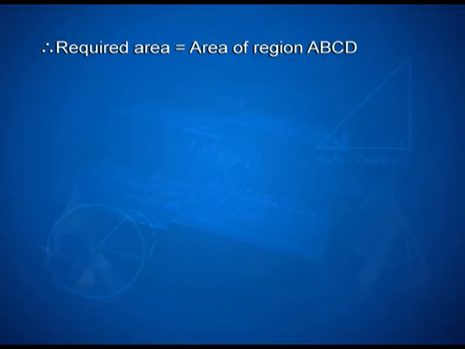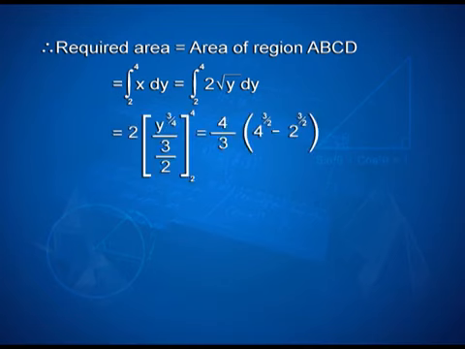Therefore, the required area is equal to the area of region ABCD, that is equal to integral 2 to 4 x dy, that is equal to integral 2 to 4 2 into square root y dy, that is equal to 2 into y to the power 3 upon 2 upon 3 upon 2 with limits 2 and 4, that is equal to 4 upon 3 into 4 raised to 3 upon 2 minus 2 raised to 3 upon 2.